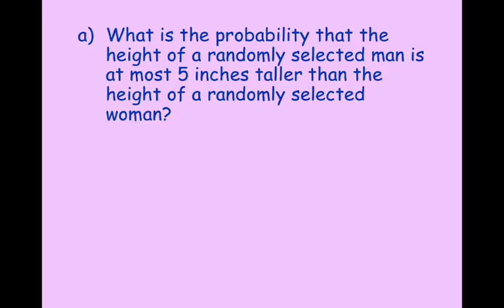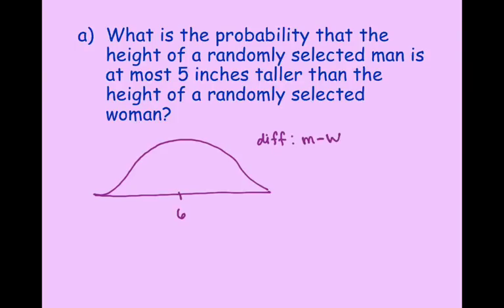So what we're looking at here is the difference in heights between males and females. So we're going to take a look at that curve. Remember, this curve was centered at a mean of 6. This curve was our difference in heights, and we calculated that by taking males minus females, or men minus women.